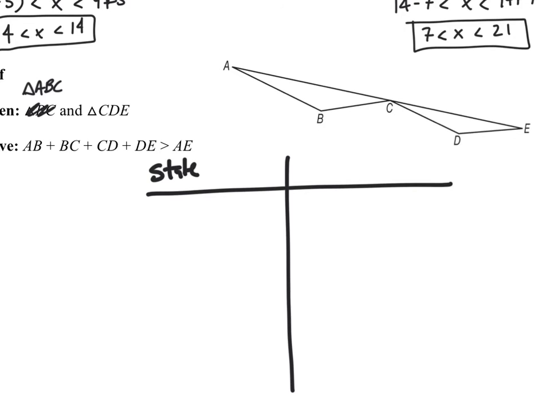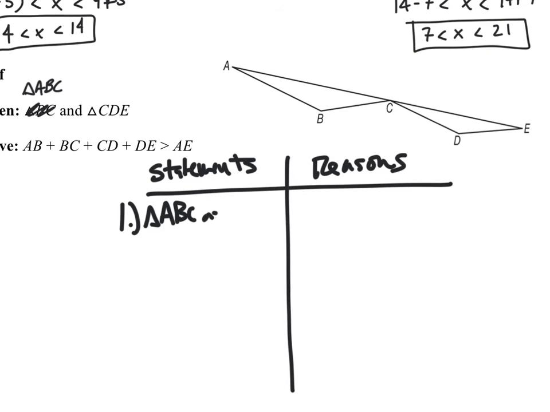And I've got statements and reasons. Okay, and so the first thing I want to write is my given statement. Okay, and so I'm given triangle ABC and triangle CDE. Okay, and that's given, and there's not much to conclude from that, but we're just trying to show that certain lengths of those triangles are going to be larger than the others.